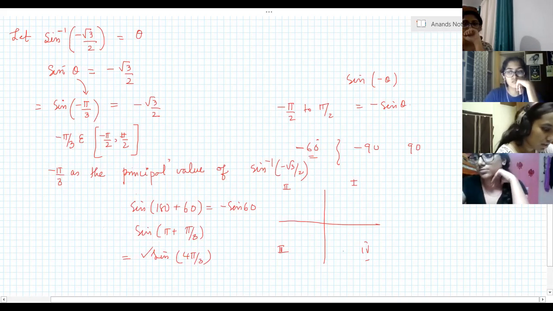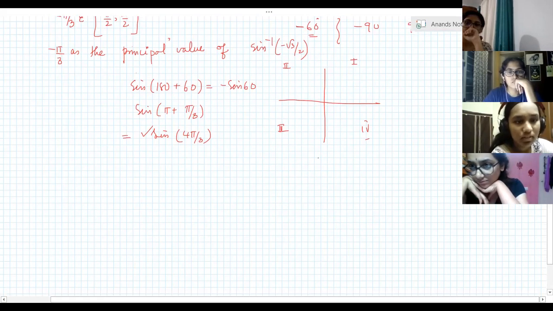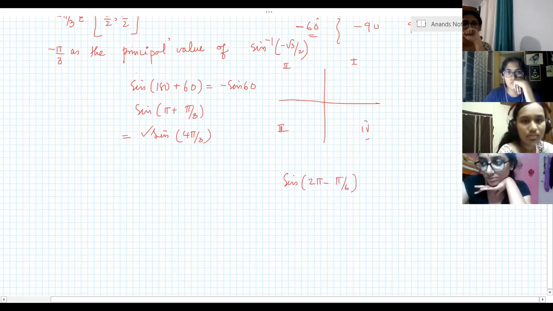The second option is either 270 plus 60 or 2 pi minus 60, isn't it? Because we want to address the fourth quadrant, right? So sine of 360 minus theta, 60 degrees, sorry.